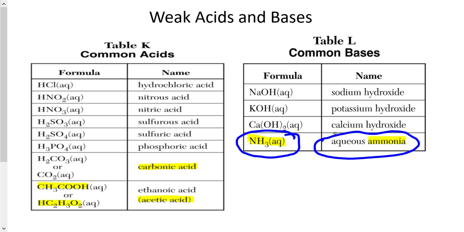And to keep things simple and straightforward, just remember that the last one from table K is your weak acid. Carbonic acid is also a weak acid, but again, as I said before, we're not going in depth to talk about strong and weak acids or bases. Just remember that the last one from both reference tables are an example of your weak acid and a weak base.